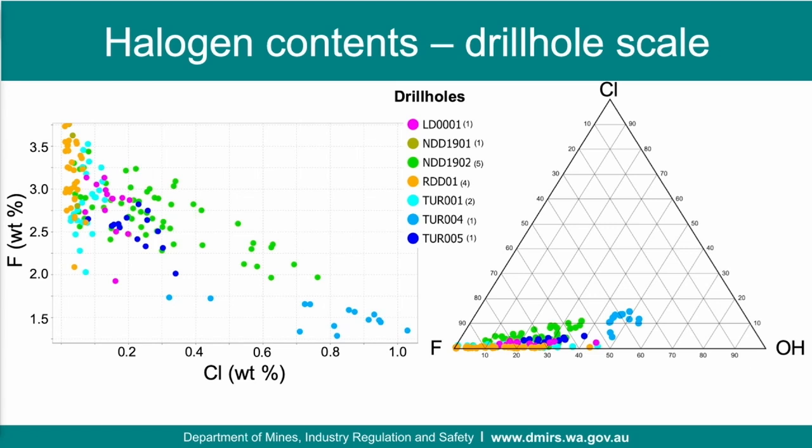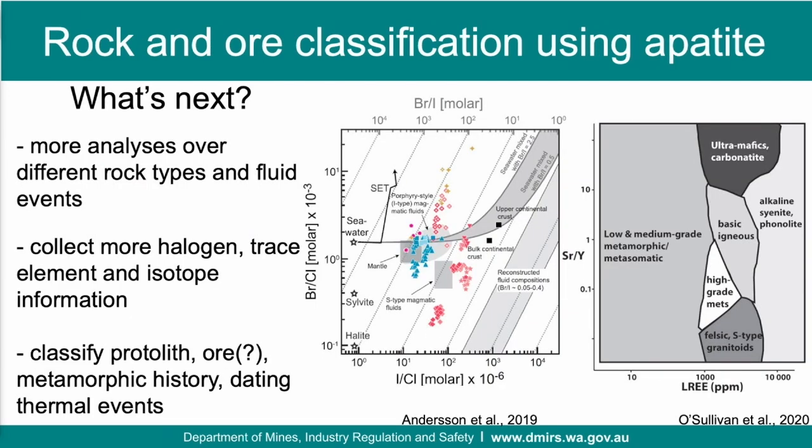So what we'll be doing is investigating more of that series of drill holes along the Lasseter Shear Zone, as well as along the Central Australian Shear. We would like to collect more information on drill holes, different rock types within the drill holes, get a baseline of rocks that aren't affected by fluids, and get different types of fluid events: quartz veins, as well as calcite veins, as well as pyrite veins.